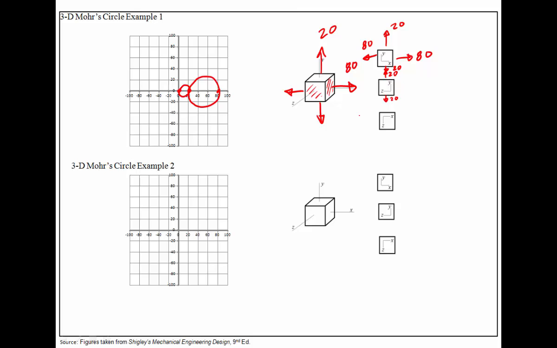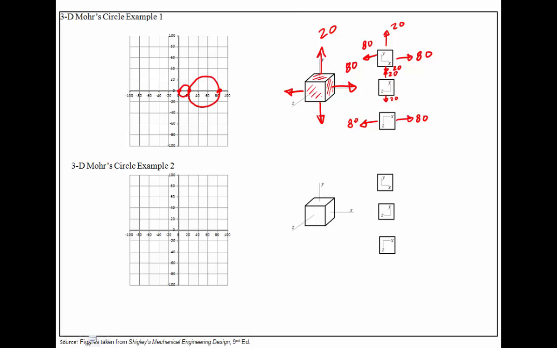Now let's take a look at the last face, the XZ face, which is going to be this one right here. In the X direction we have 80, and in the Z direction we have 0. So let's plot that point on here. We have 80 right here.